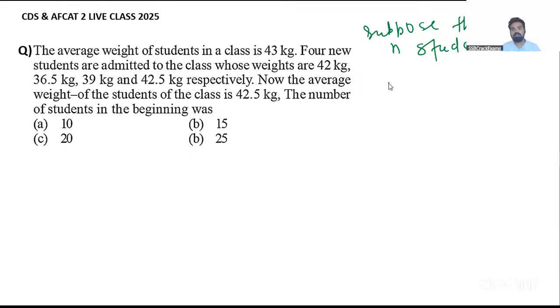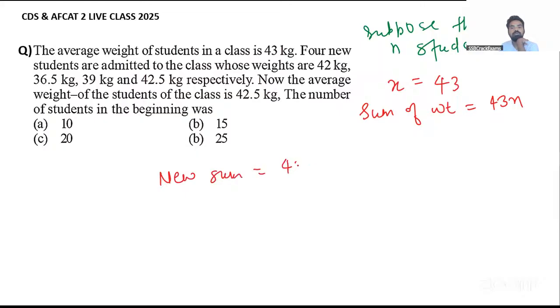We have the average x is equal to 43. Then the sum of weight will be 43 times the number of students. Now four new students are admitted. Then the new sum is equal to 43 n plus the four new weights.